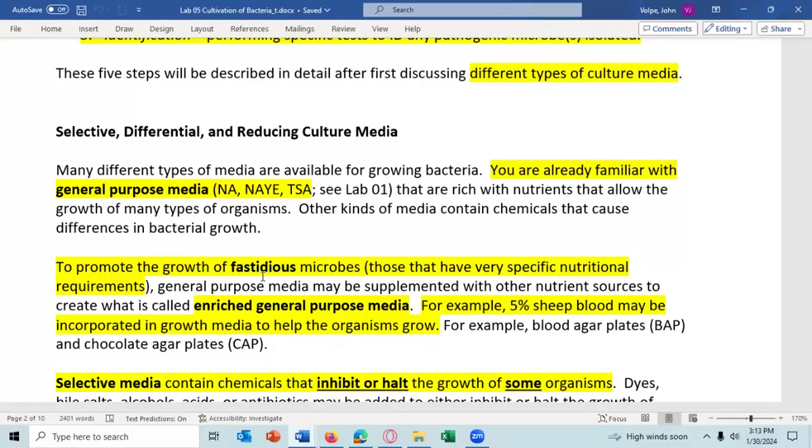This is an organism that they've been trying to grow for over 100 years, and they could never figure out what they needed to add to the media to get the bacteria to grow. But recently, they finally figured it out, and syphilis can now be grown in tissue culture. Any questions about any of that?